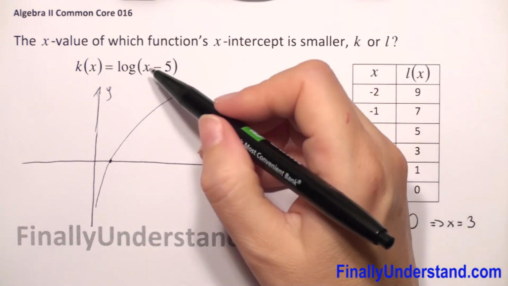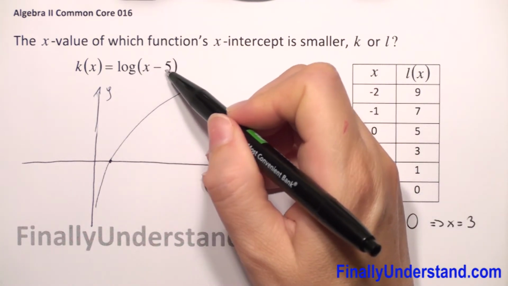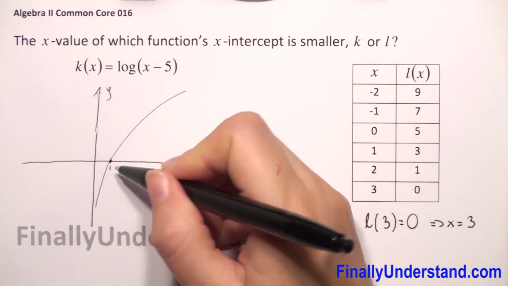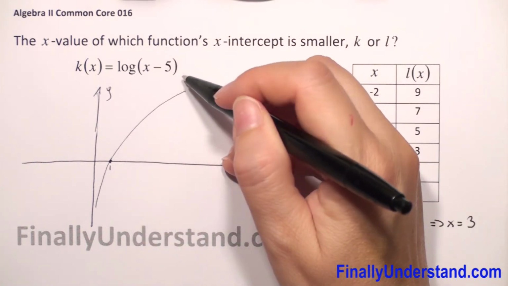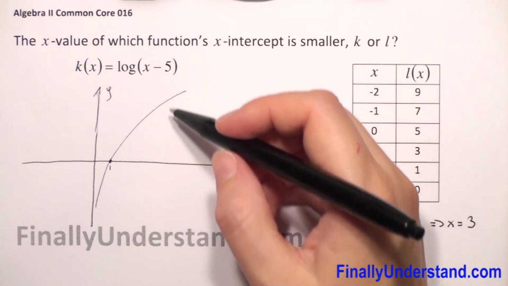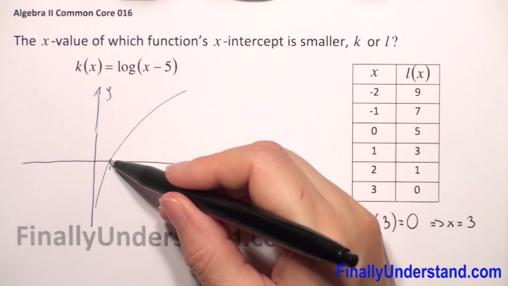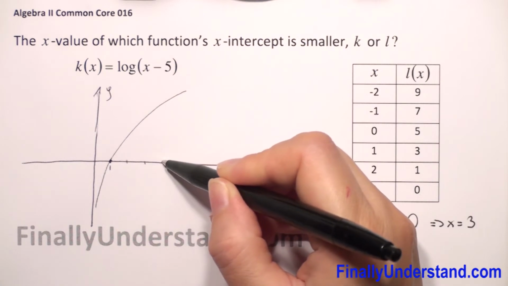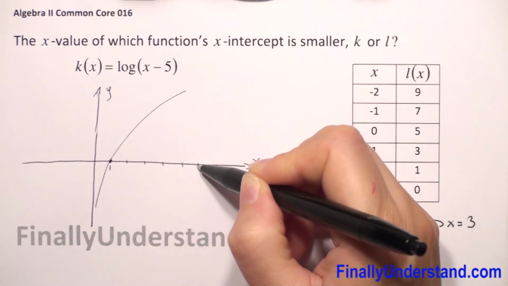Something like this. When we have log of x minus 5, it means we have to move the graph 5 units to the right. So our x-intercept, which is at 1, will move 5 units: 1, 2, 3, 4, 5.